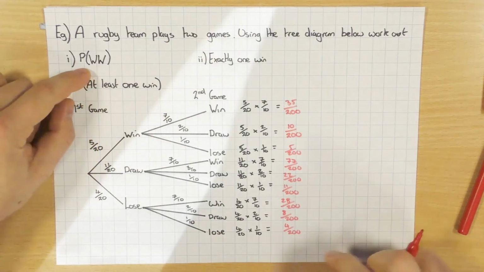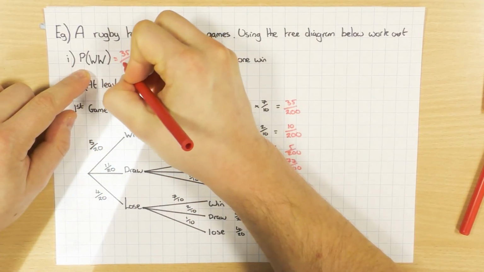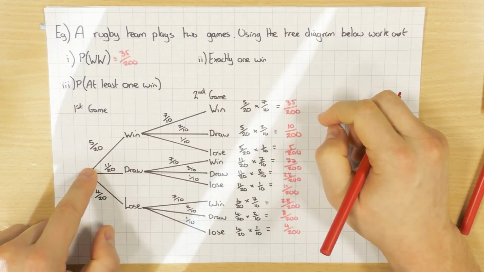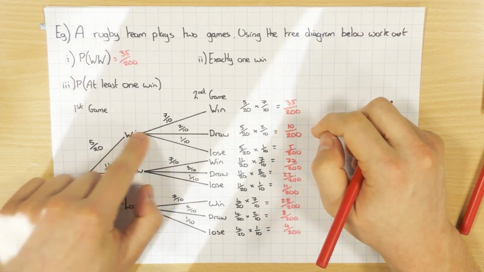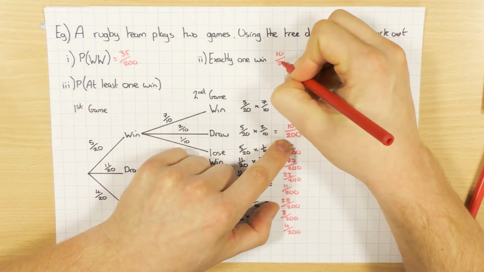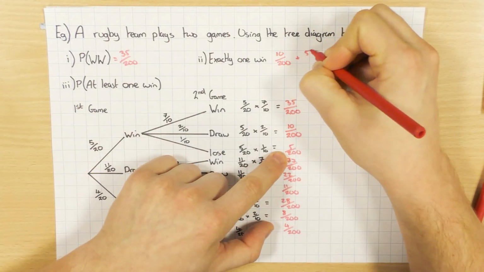Let's start going through it. So we said win-win was 35 over 200. Exactly 1 win, so I can't have win-win because I want exactly 1 win, so that's out. But I could have a win-draw, which we worked out was 10 over 200. I could have a win-lose, because again, exactly 1 win.